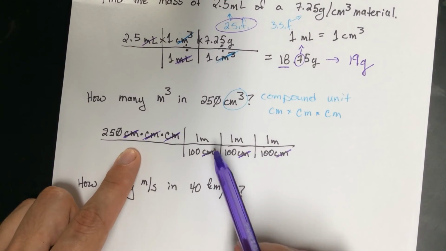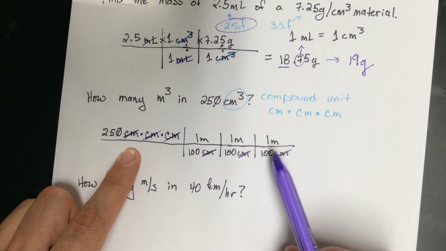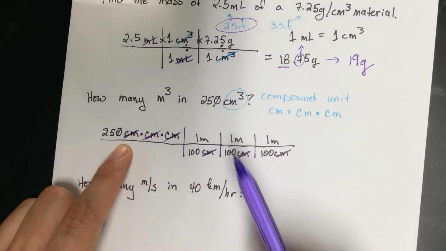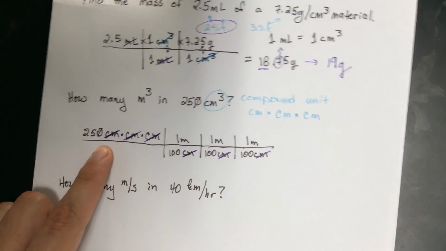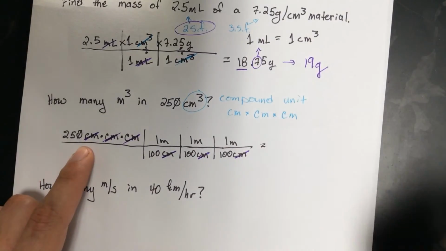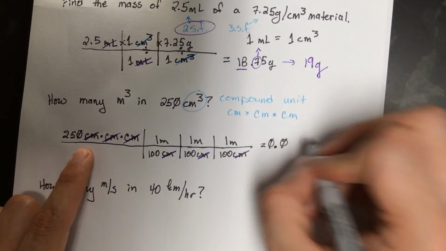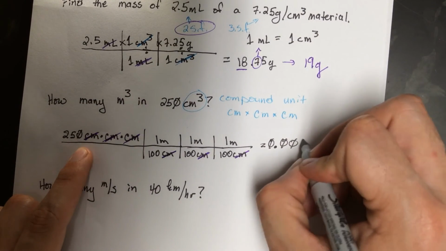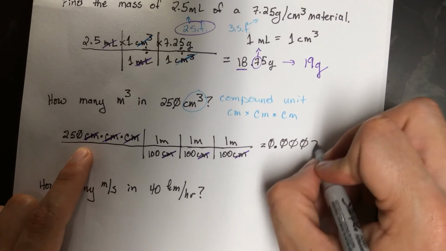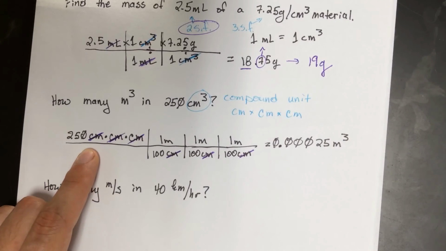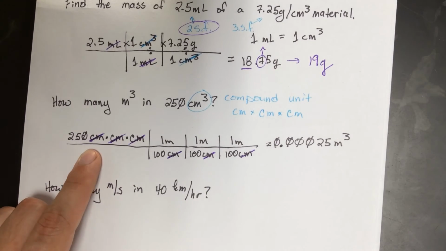Notice that this leaves me with meters times meters times meters, or the meters cubed that I'm asked to find in the problem. When you type this into your calculator, it says that the answer to this question is 0.00025 meters cubed.